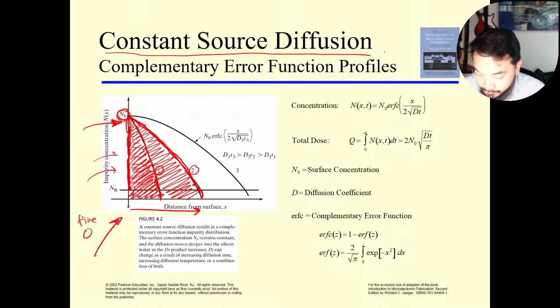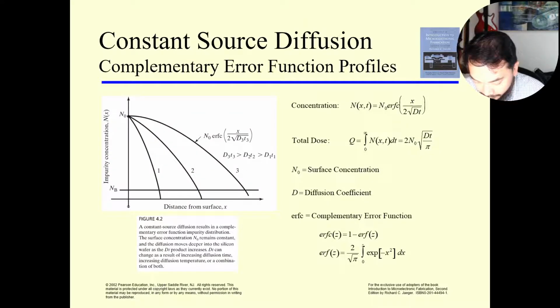If you look at this particular depth, let's say x_n, the concentration of impurity atoms here is equivalent to this point here. Near the surface it is N naught, and down here it is N at depth x_n. Similarly, if you are looking at this point, then the impurity atom concentration is there.